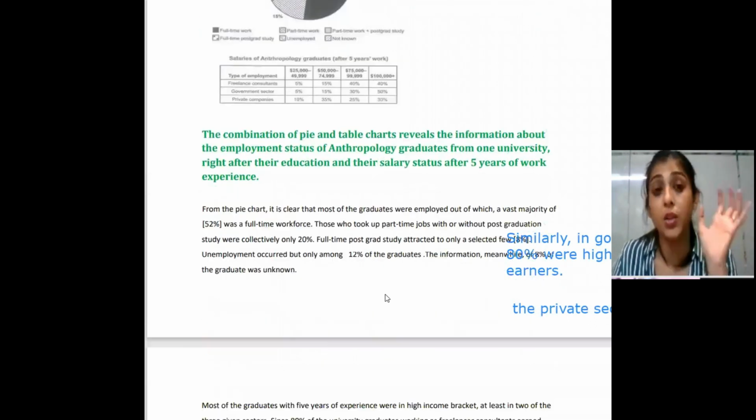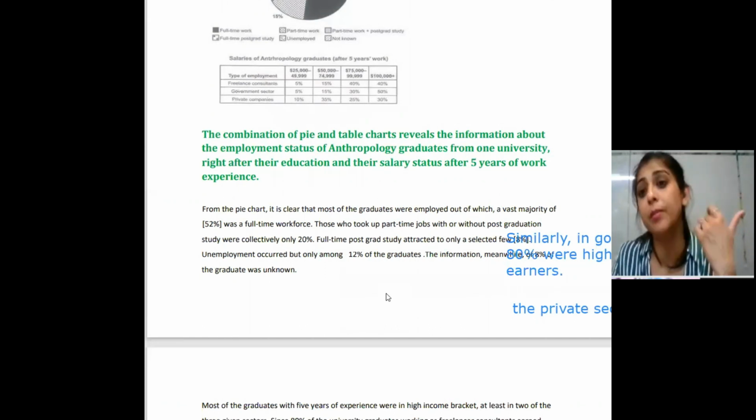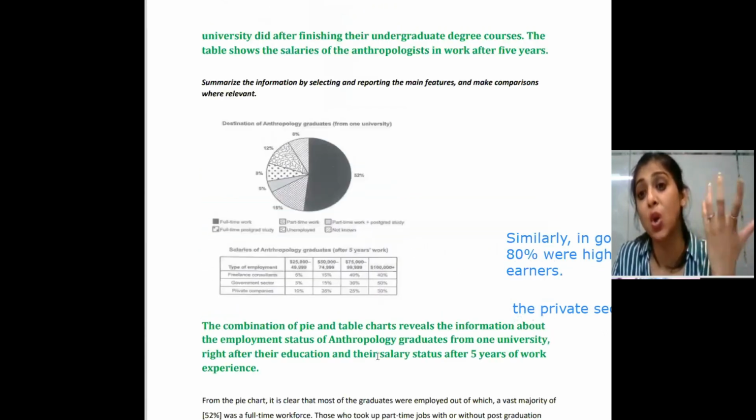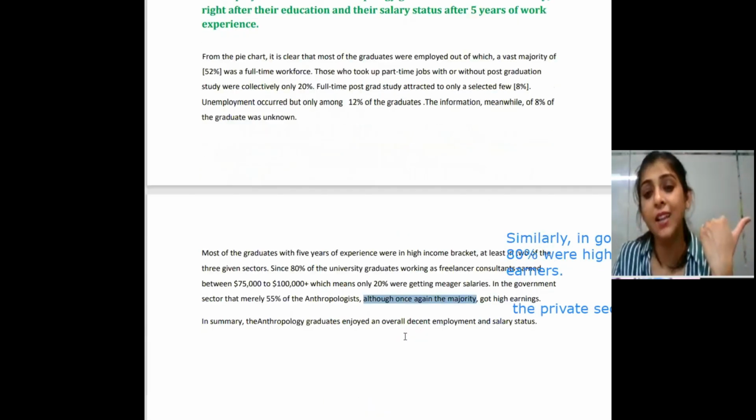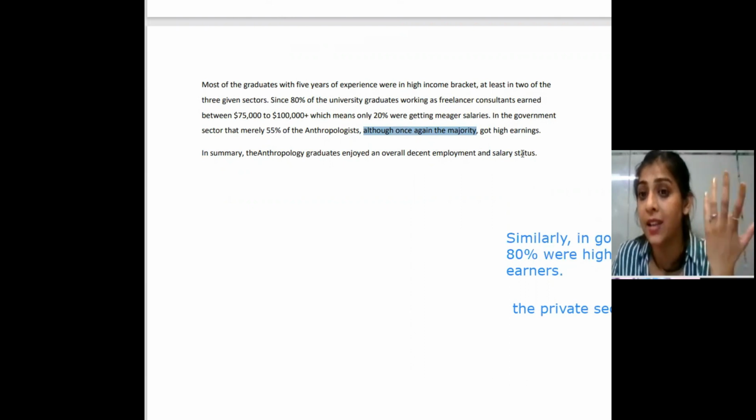Got it? Or, if you don't know how to use decent, then you can use high, because decent is somewhat not that strong. You can use high because you are writing about the majority of them. So you can say that in summary, the anthropology graduates enjoyed an overall high employment and salary status.